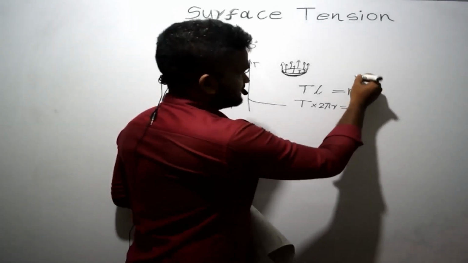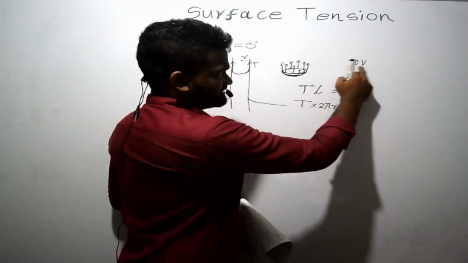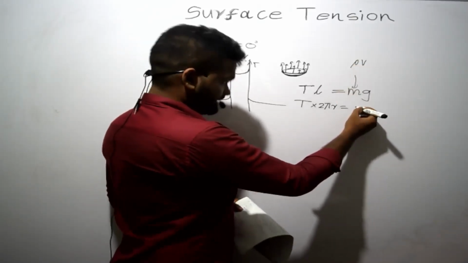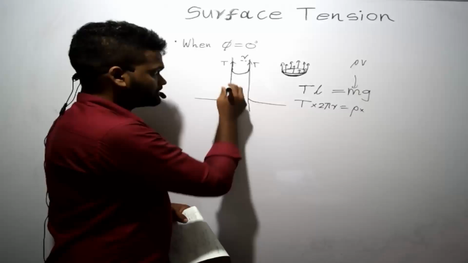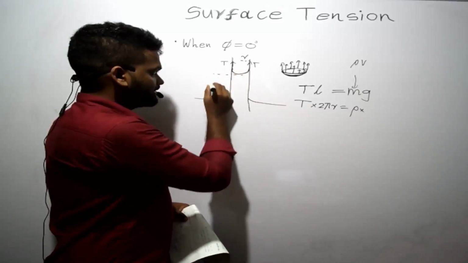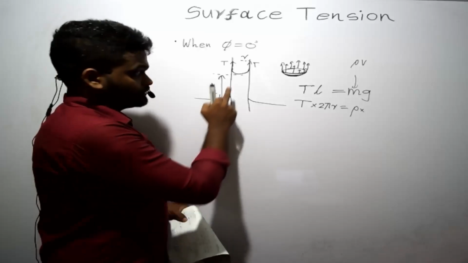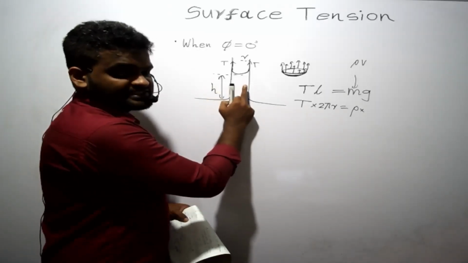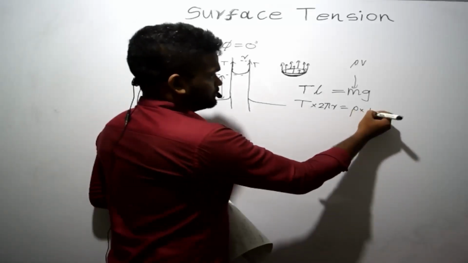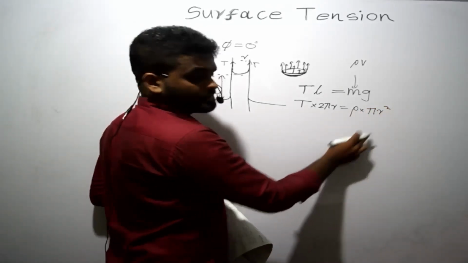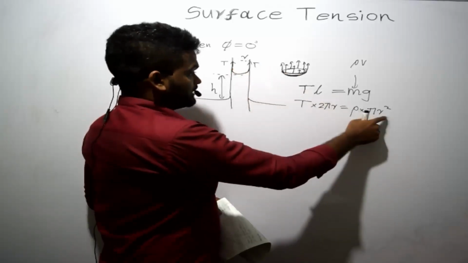So how do we find the mass of the water column? That is density times volume. Let's say the density is rho. Then what is the volume of this water column? Let's say capillary rise is h. You can see this is a cylindrical shape, right? This is like a solid cylinder. So how do we find the volume of a solid cylinder? Pi r squared, that's the top area, times h.